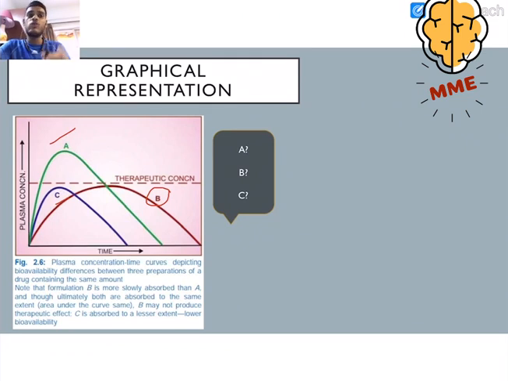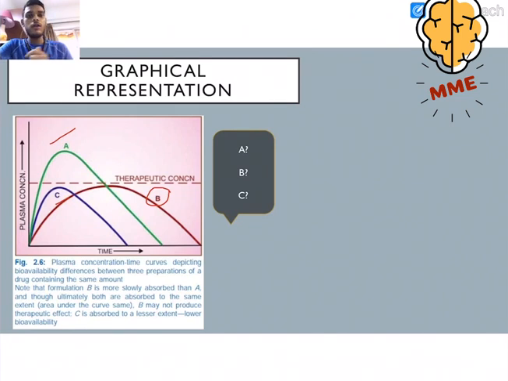Although, if we see properly, the net absorption or the net utilization of both preparations B and A in our body is the same, because if we calculate the area under the curves for both preparation A and preparation B, we will get the same area under the curve.